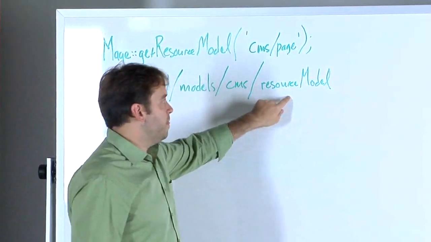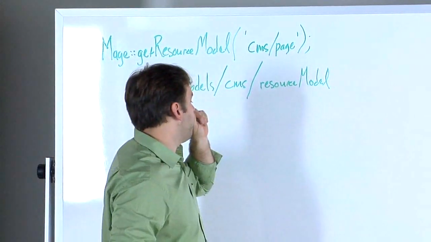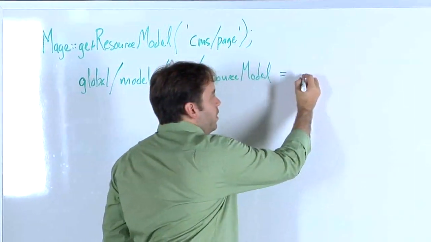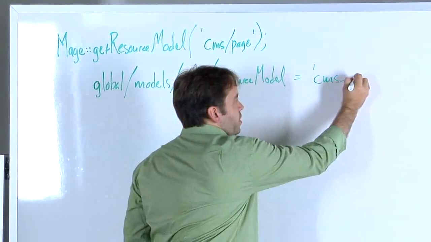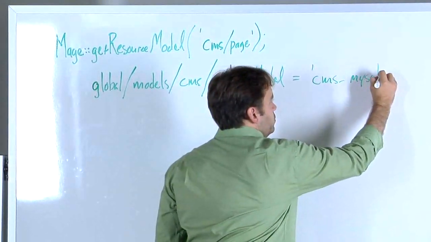Now, this node, so these are all XML nodes. In here, we have a value, and it's a string of CMS MySQL 4.